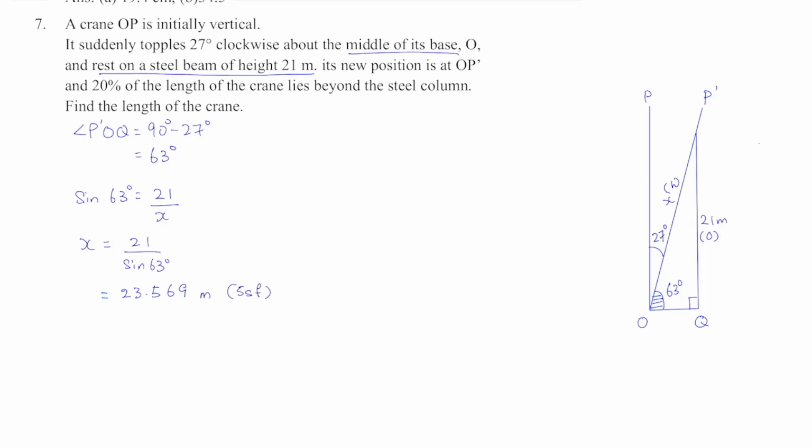Now remember that 20% is taken out. That means this portion is 80%. So take 23.569 divided by 80 times 100 equals 29.4125, which is 29.5 meters to 3 SF.